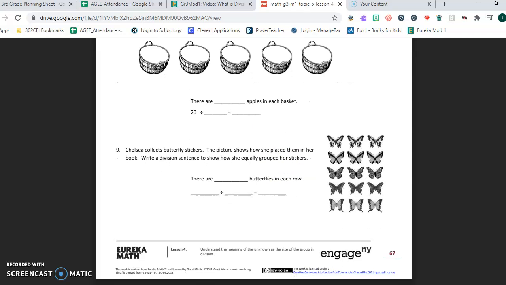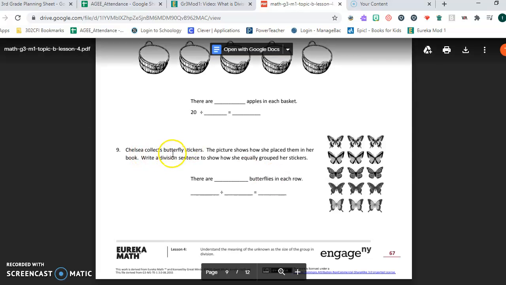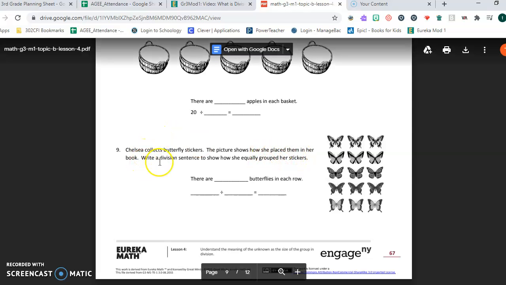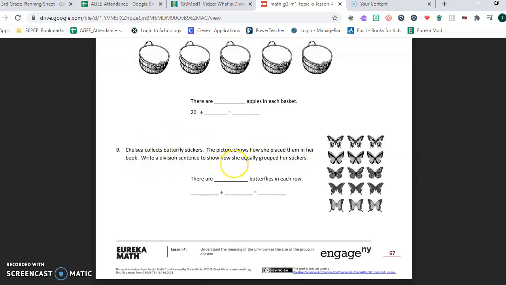And the last problem that you have to face today is Chelsea collects butterfly stickers. The picture shows how she placed them in her book. Write a division sentence to show how she equally grouped her stickers. Okay, so there are blank butterflies in each row.